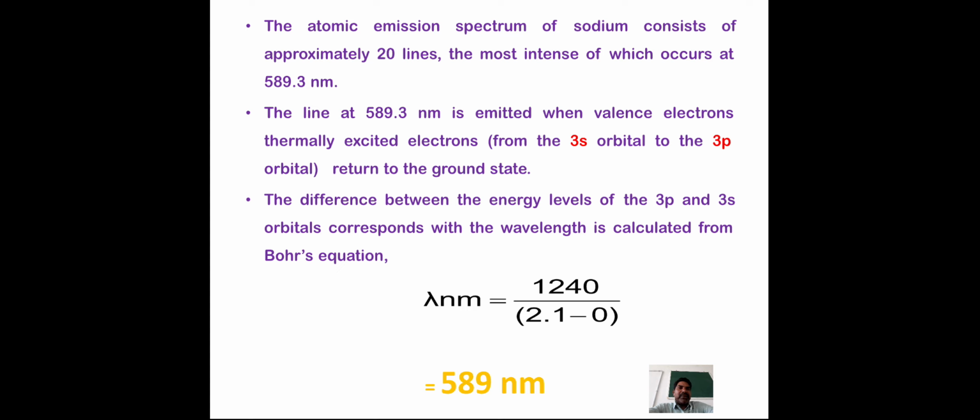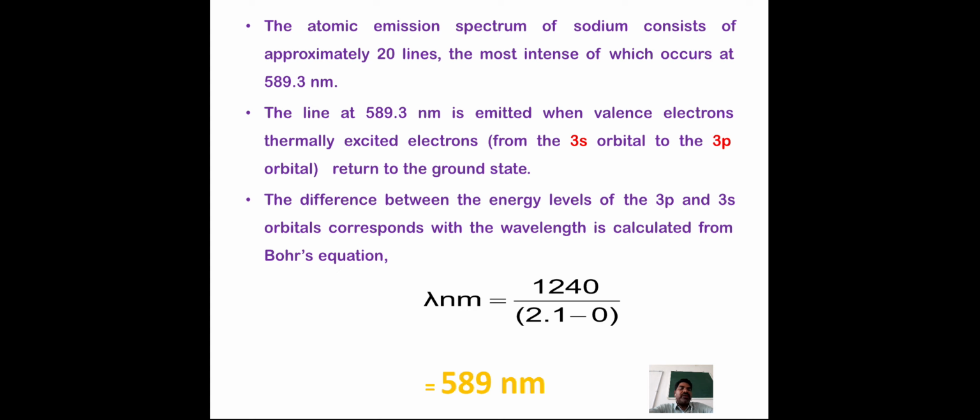The atomic emission spectrum of sodium consists of approximately 20 lines. Of these, the most intense is at 589 nanometers. That 589.3 nanometers can be obtained by substituting the energy values when excitation happens from 3s to 3p. The energy difference, upper minus lower, is about 2.1 electron volts.